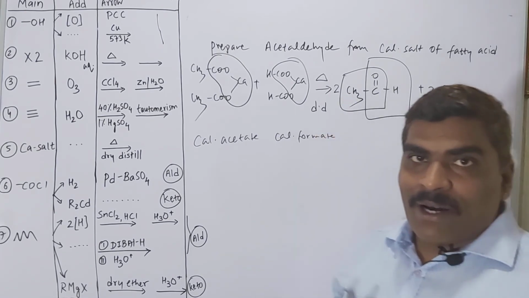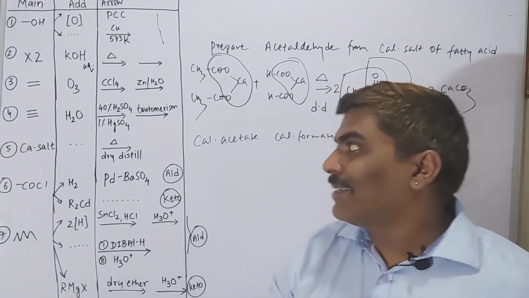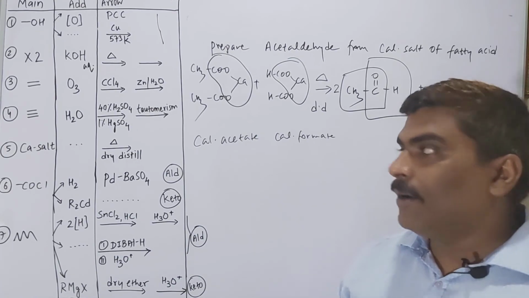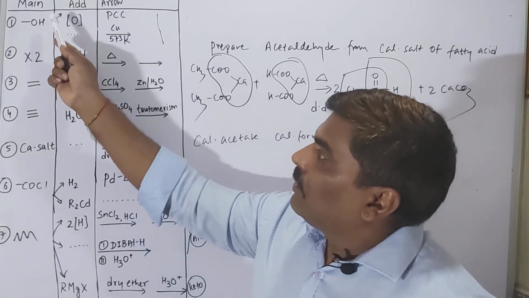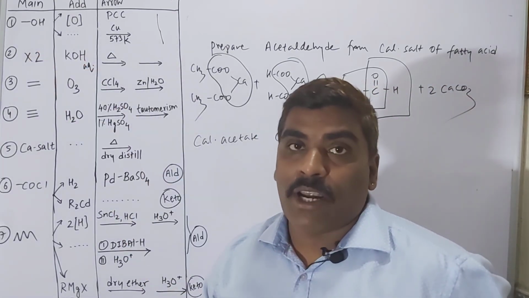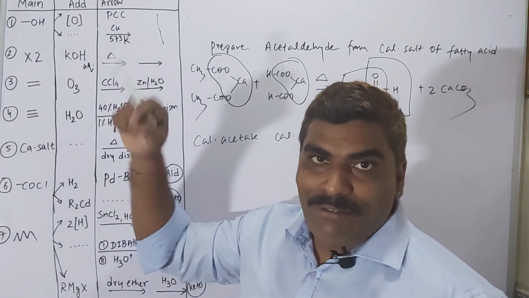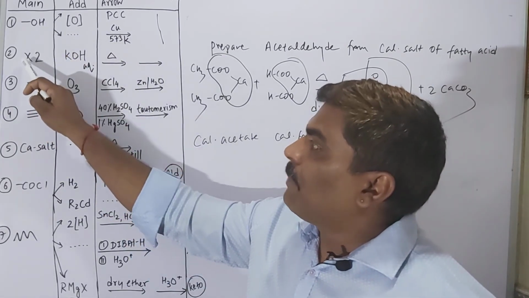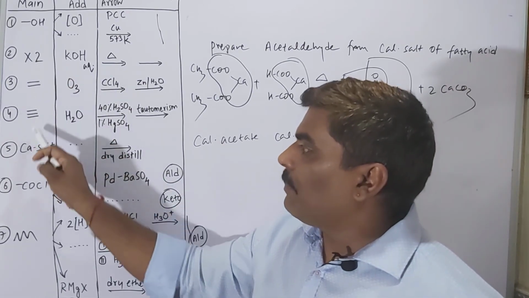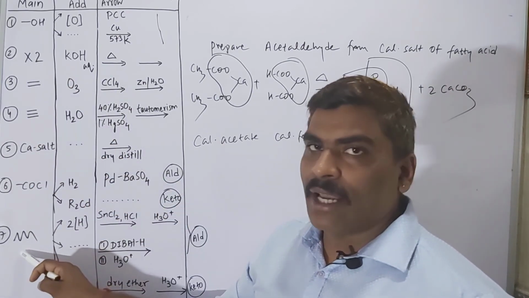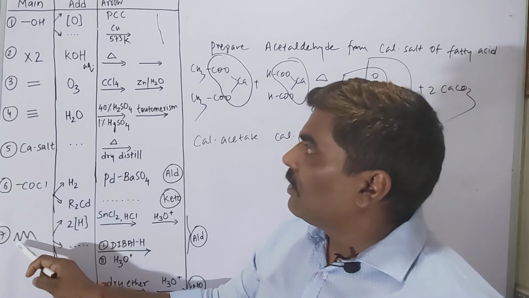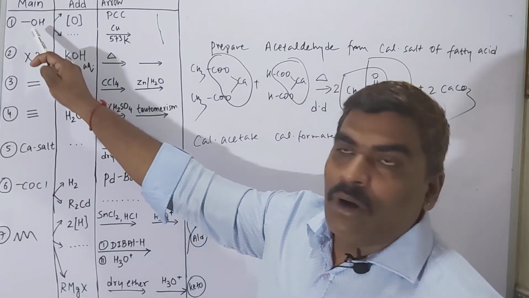So the preparation part is done, but for the last line I want to say one thing about all these formulas. The main part is important. Alcohol is there. You know the story; watch the previous class, I'm telling you again. Calcium salt, COCl, zigzag. If you are done with this, then what do we do with alcohol?